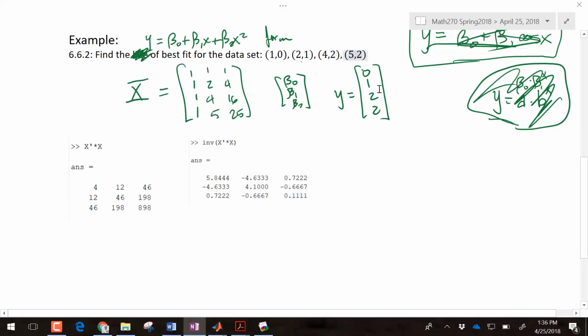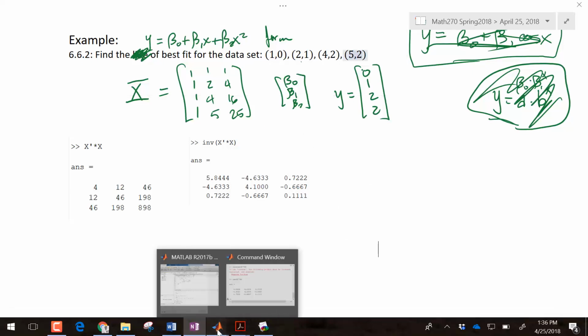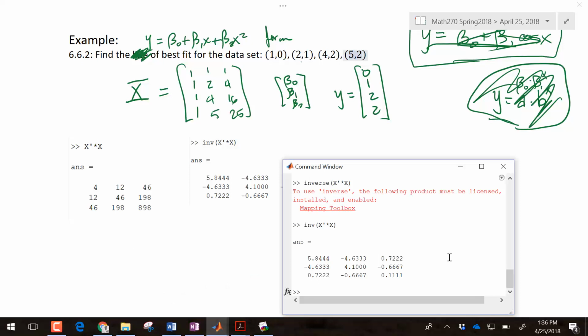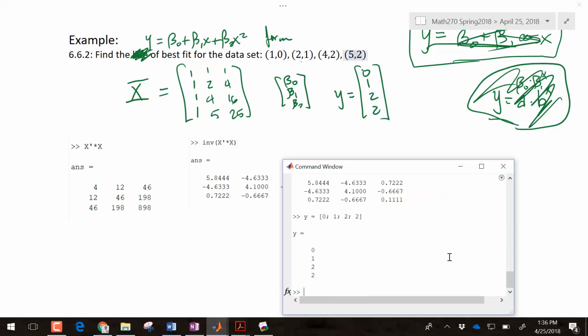And then we want X transpose times y. So let's establish our y vector. Our y is 0, 1, 2, 2. And what do we want? X transpose times y.